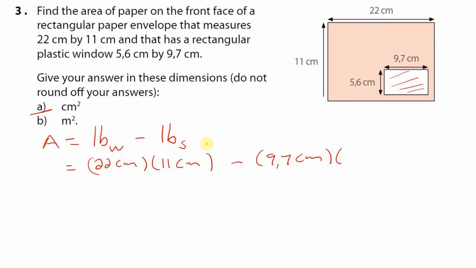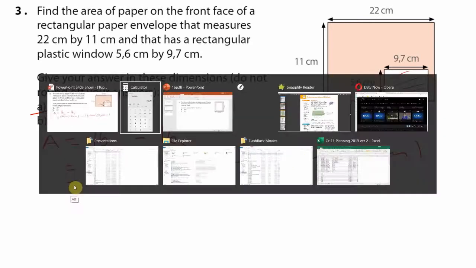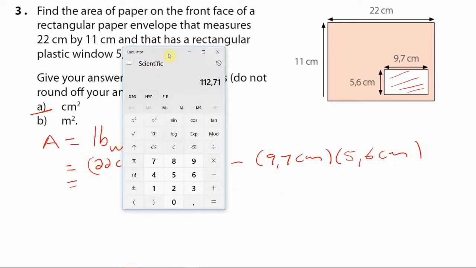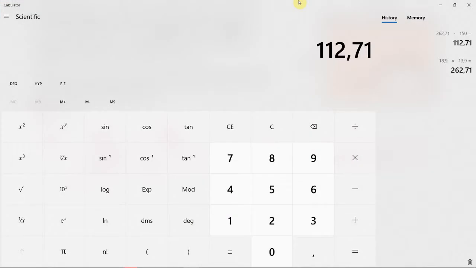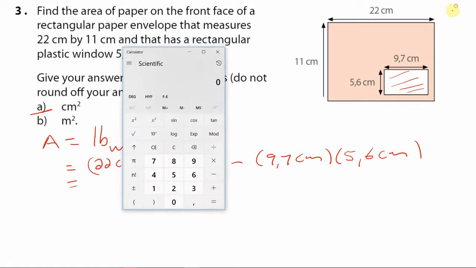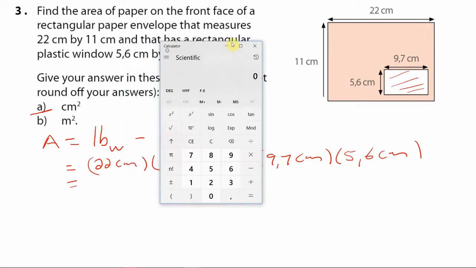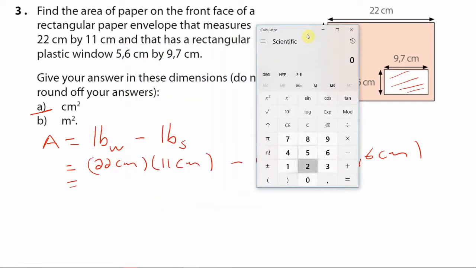In the place of the breadth or width, we have 5,6 centimeters. So we can simply do our calculations now. Let's just get the calculator out of the way.